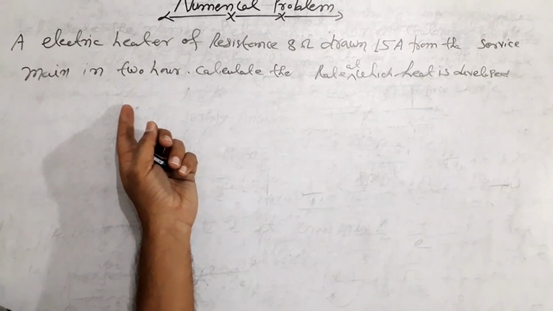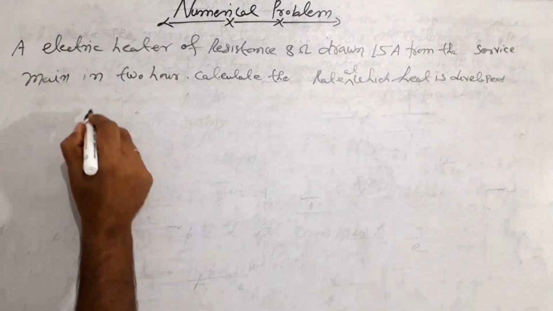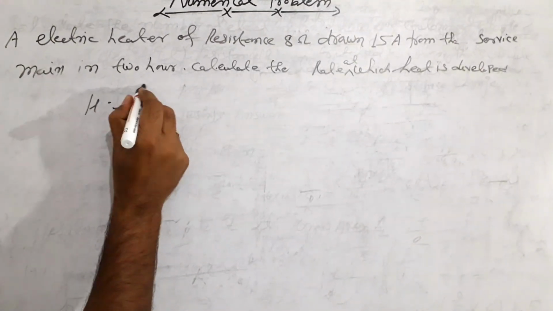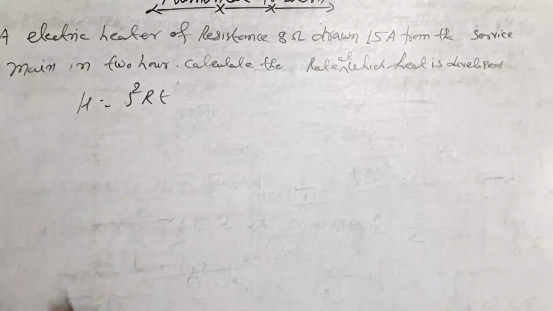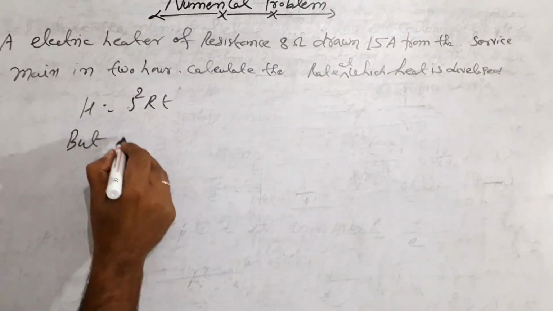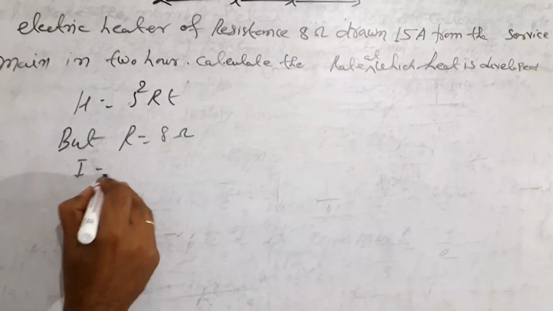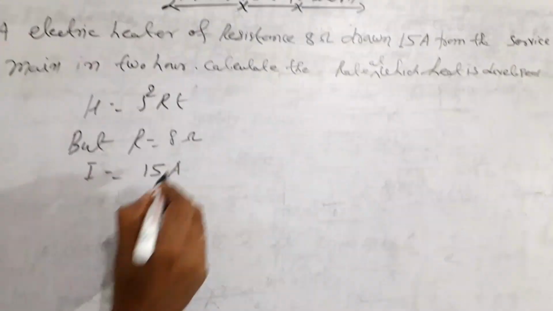According to Joule's law of heating effect of electric current, you know that H equals I square R T. But you are given R equal to 8 ohm and current equal to 15 ampere.